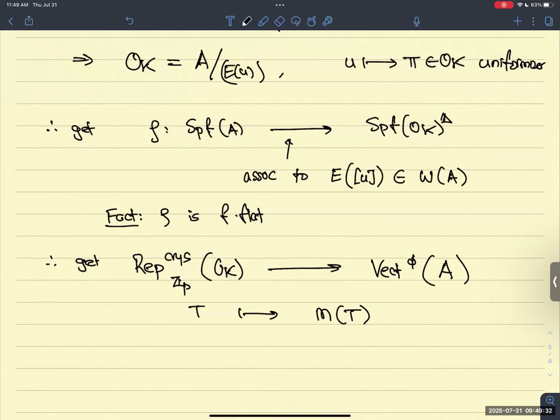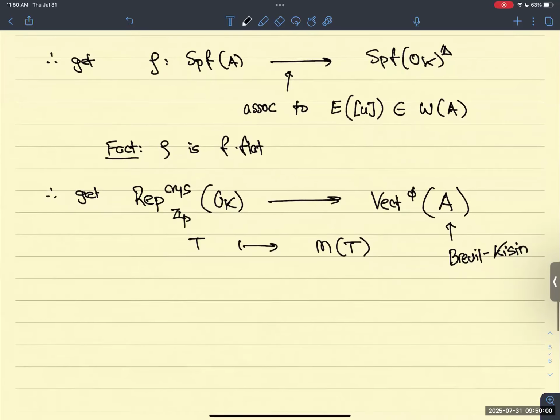Right. So this is one way to describe what these modules are, but actually this construction existed before this prismatic business. So this is called the Breuil-Kisin module. So this is the category of Breuil-Kisin modules, and Mark explained how to construct M of T given T. I just presented one way to think about it in terms of this picture I'm trying to explain.